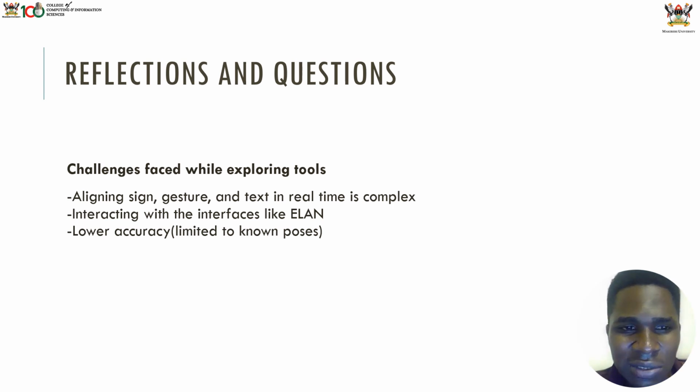Then low accuracies. These tools are limited to known poses and signs. For example, in MediaPipe Studio, the image that was indicated, the system took it to be a selfie, which was actually not a selfie. It was a sign for communication.